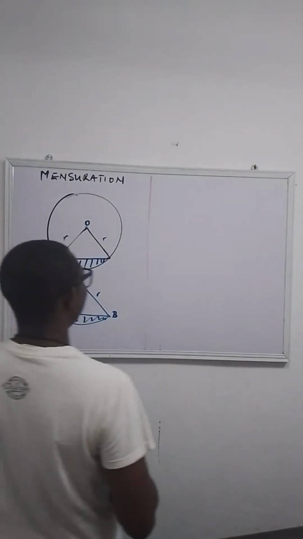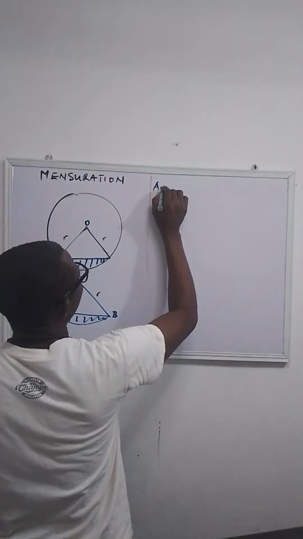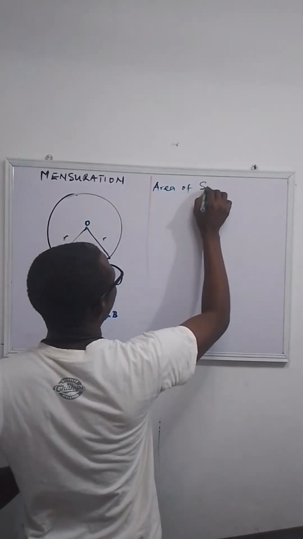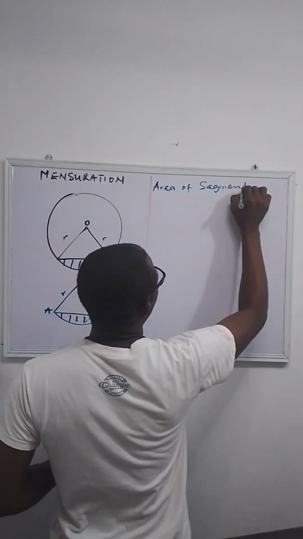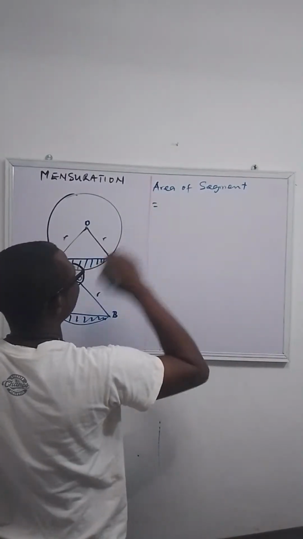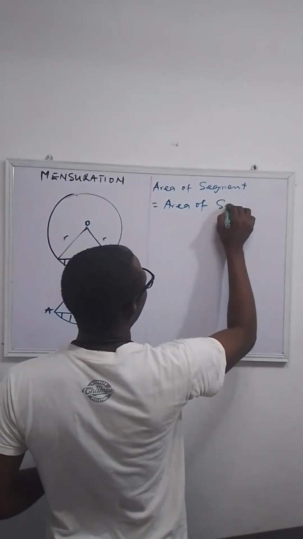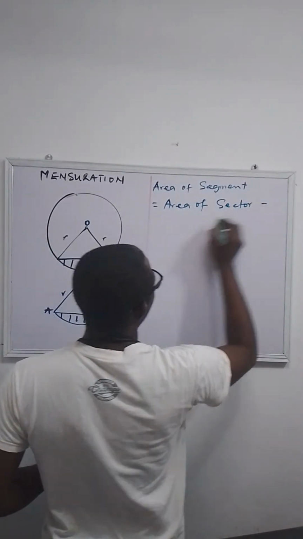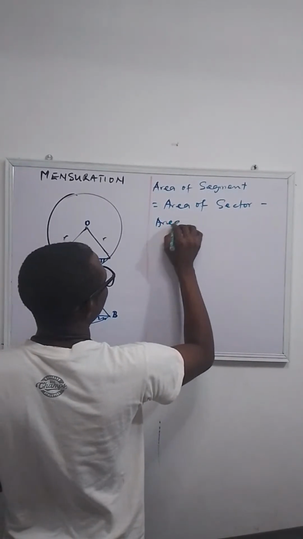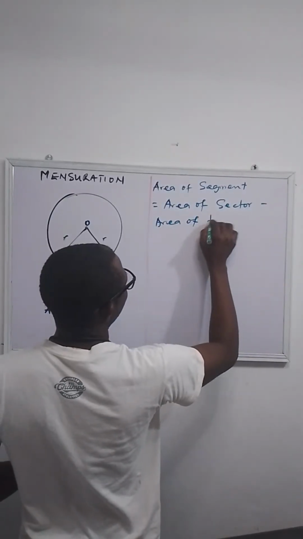So now this is the formula: area of segment is equal to area of sector minus area of triangle.